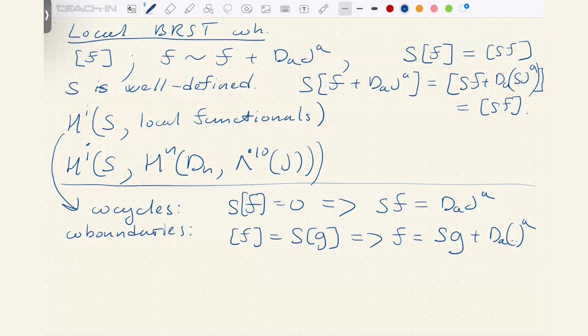If we take a quotient, we mod out by total derivatives, we get the usual definition.